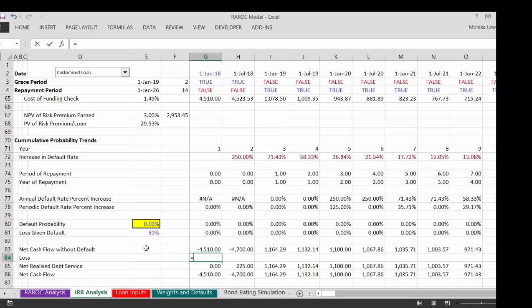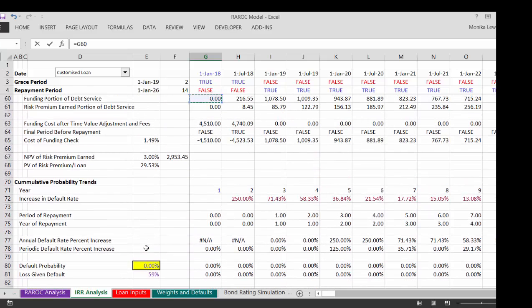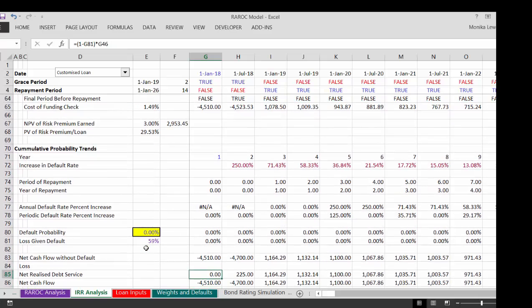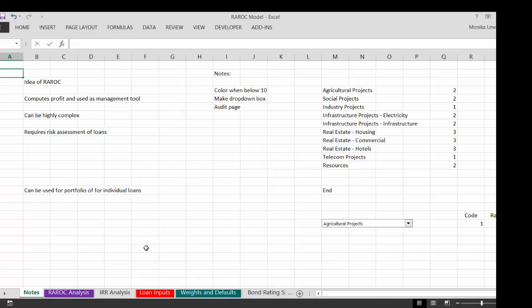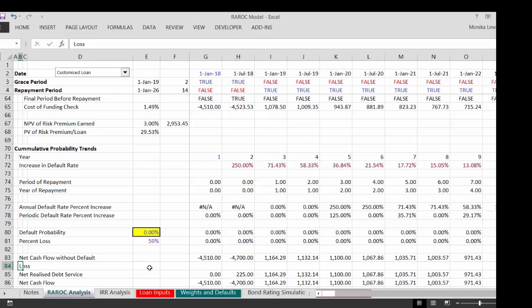We can do this two ways. We can take the debt service and subtract that, and where it says loss given default, this is really a percentage. Excuse me for that.